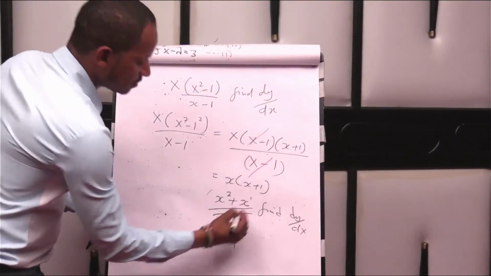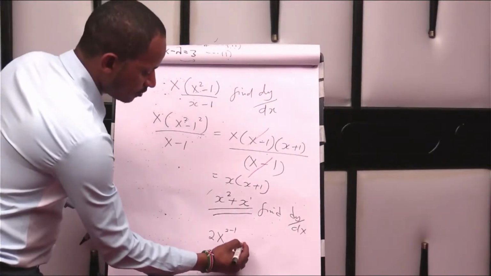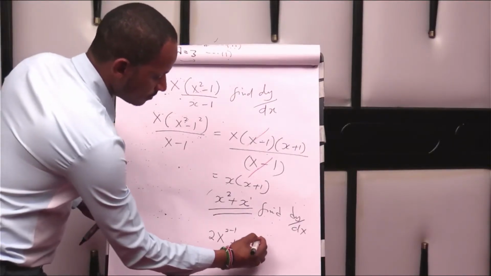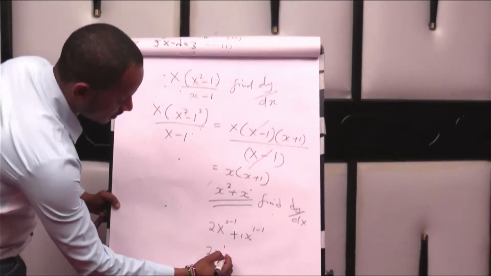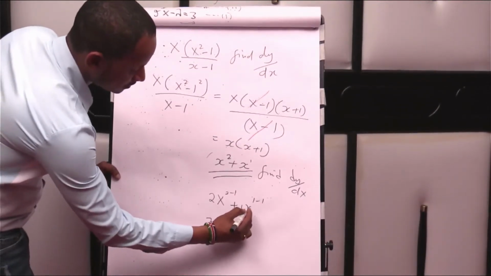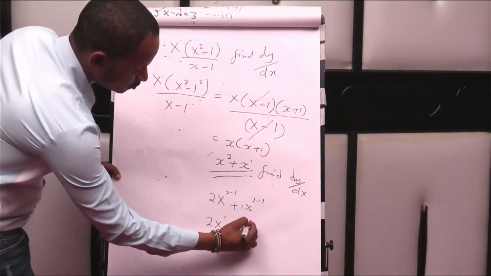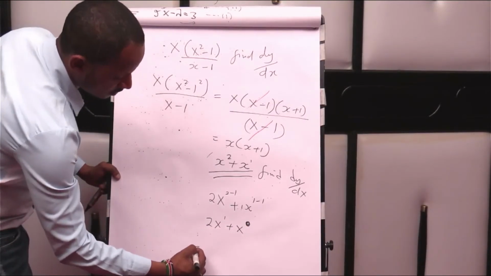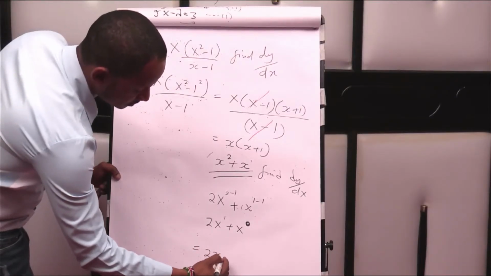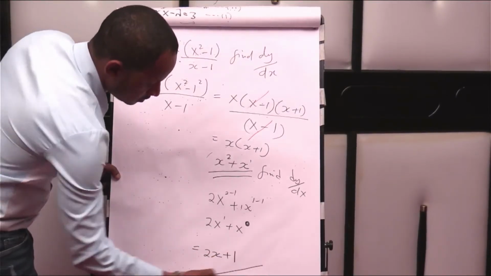Plus, here is x raised to power 1, you bring 1 down, 1 into x raised to 1 minus 1. So 2x raised to power 1, plus 1 times x raised to power 0. Any number raised to power 0 is equal to 1. Therefore, this becomes 2x plus 1.